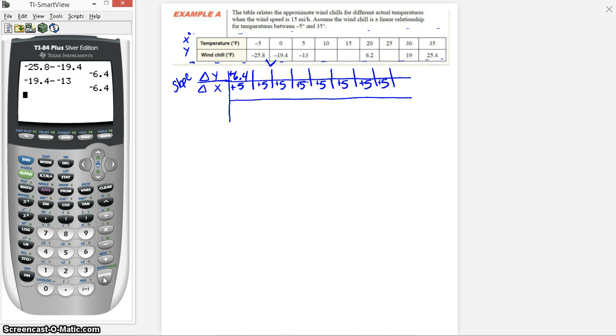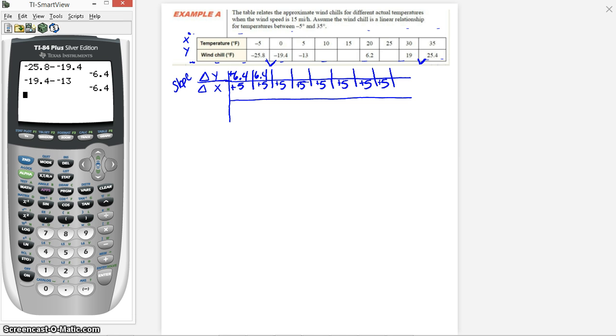But it's actually positive 6.4, right? Let's do one more between 19 and 25.4, way over here, because those are the only other two numbers.